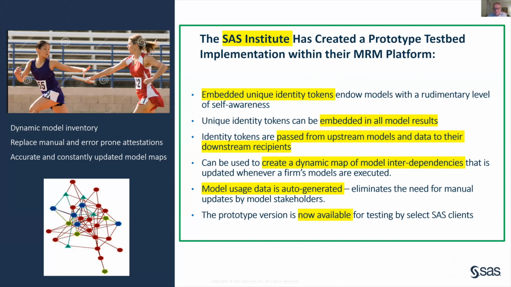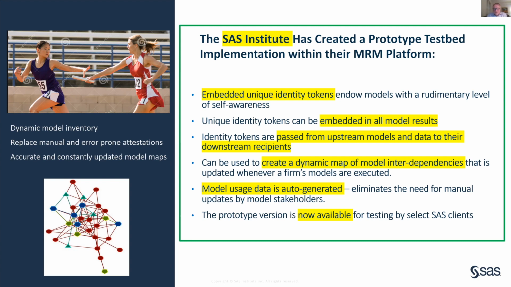We used to create a dynamic map of interdependencies. That's this map in the lower left-hand corner that is provided with the SAS platform. And this is updated whenever a firm's models are executed through the SAS platform. And model usage data is auto-generated. It eliminates the need for manual updates by model stakeholders.